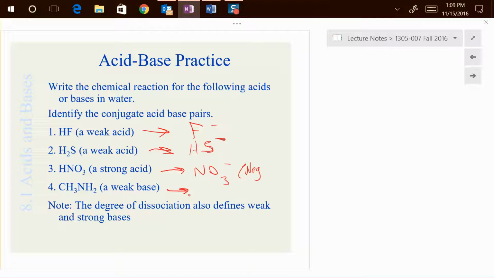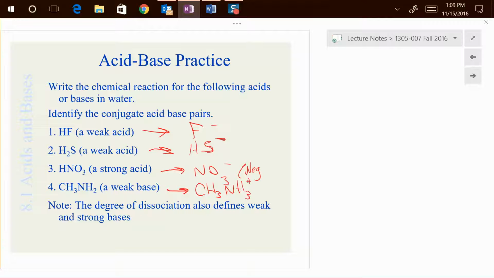A base, what is the definition of a base? An acceptor, a hydrogen acceptor. What is it going to become if it accepts a hydrogen? Okay, so the NH3 plus. Now hydrogen will be added to the amine group right there, to the nitrogen group. Okay?